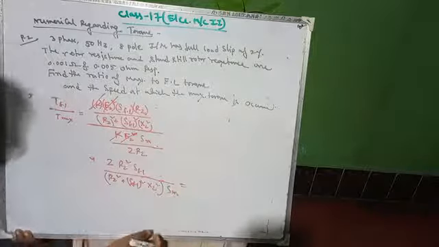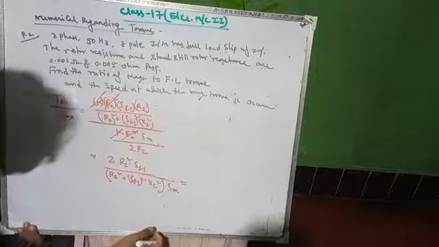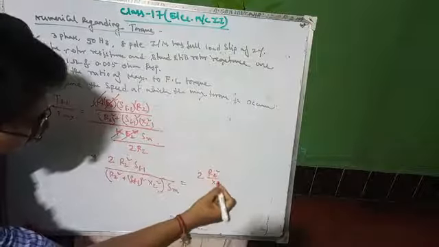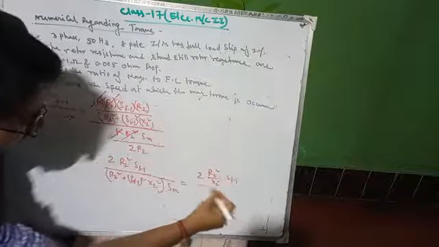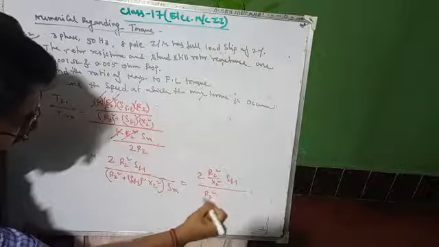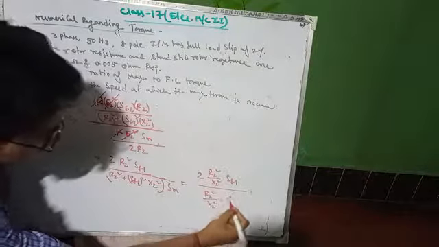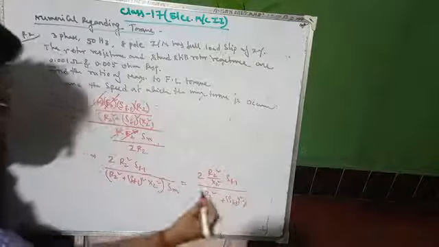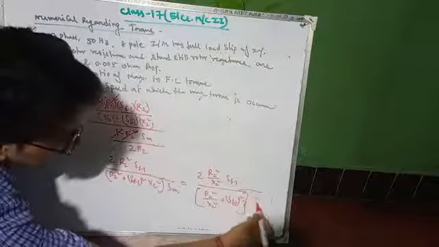Okay, so now divide it by X2 square. Now 2R2 square by X2 square into S of FL divided by R2 square by X2 square plus S of FL square into 1, X2 square will be cancelled out, right, into SM.